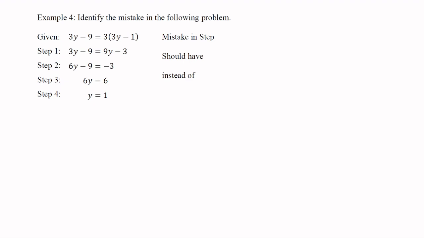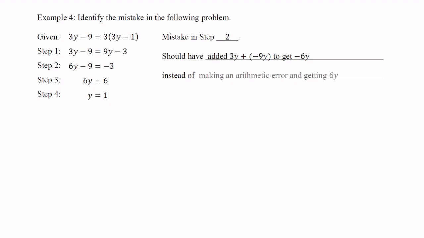To do this, we are going to subtract 9y from each side. When we subtract 9y from 3y, that should give us negative 6y, not positive 6y. So there's our mistake. It's in step 2. We should have added 3y plus negative 9y to get negative 6y, instead of making an arithmetic error and getting 6y.